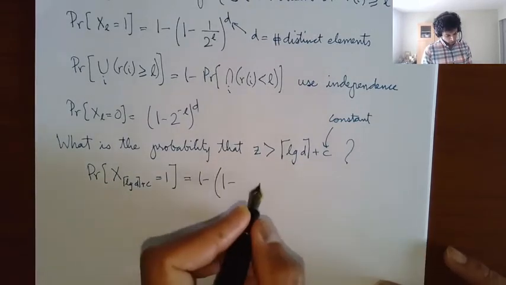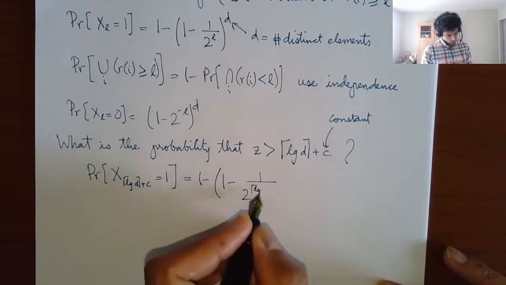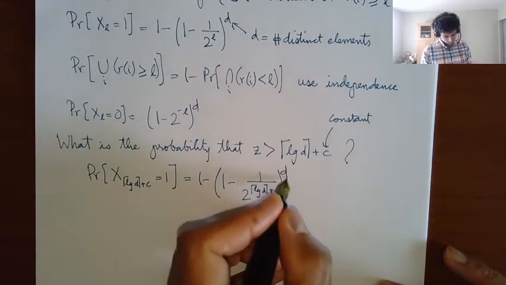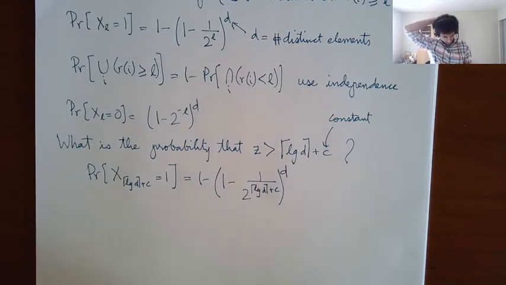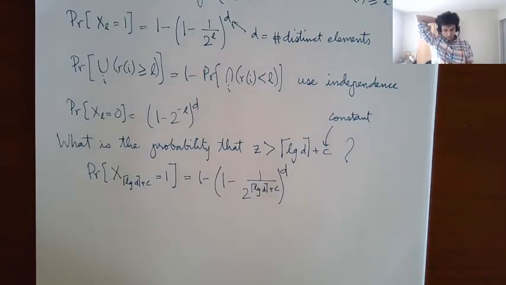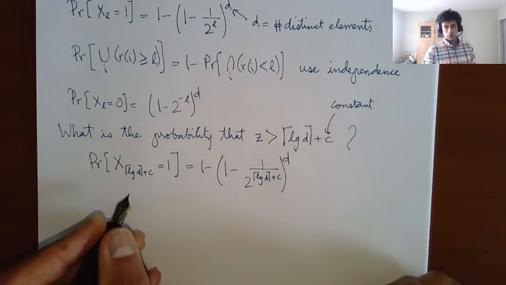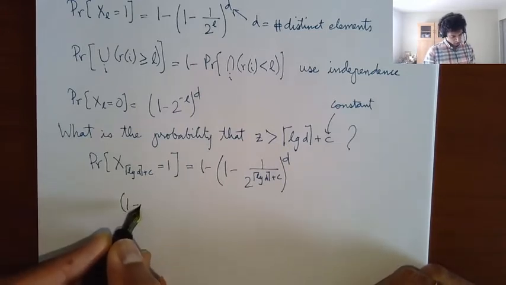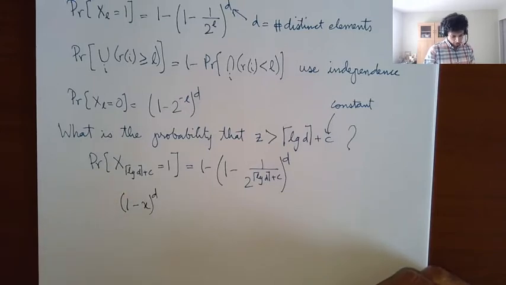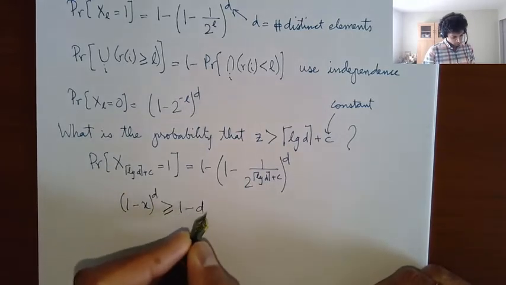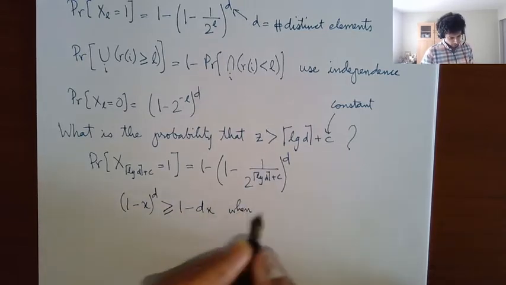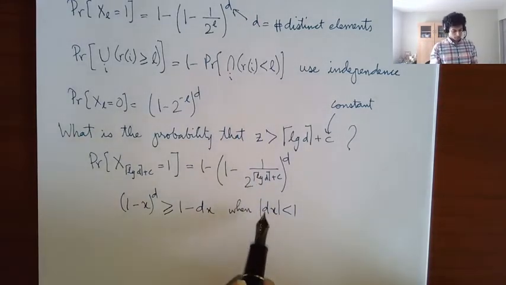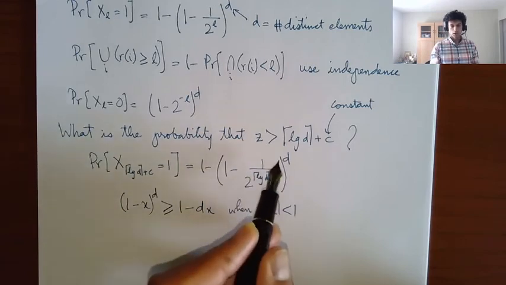So I'll say 1 minus 1 divided by 2 to the log of D plus C, to the power D. And now I'm just going to use a binomial approximation, and what I'll say is that 1 minus x to the power D is greater than or equal to 1 minus dx when d times x is less than 1, and that is clearly the case here because x is this quantity here.